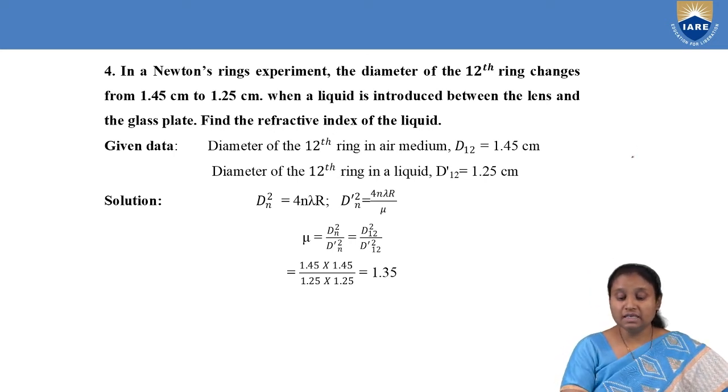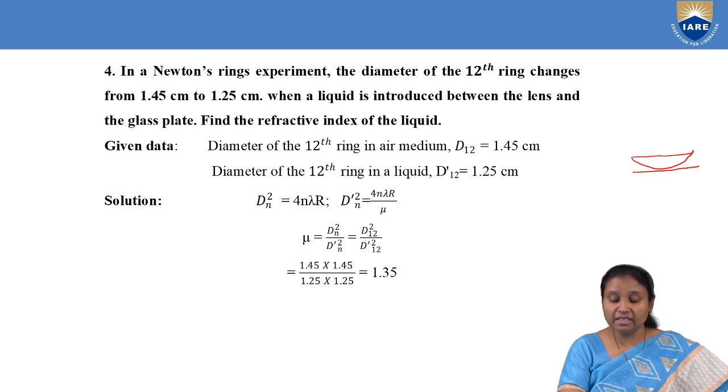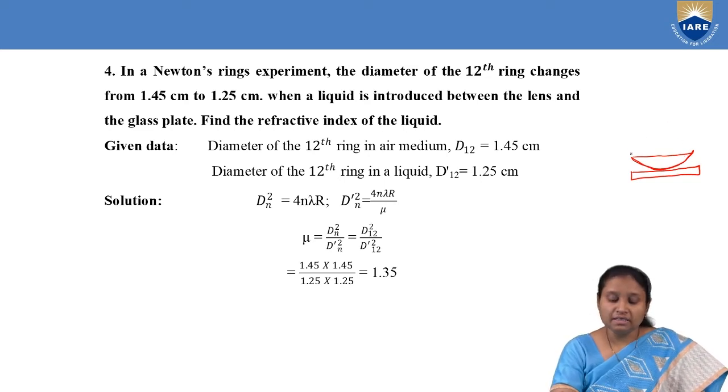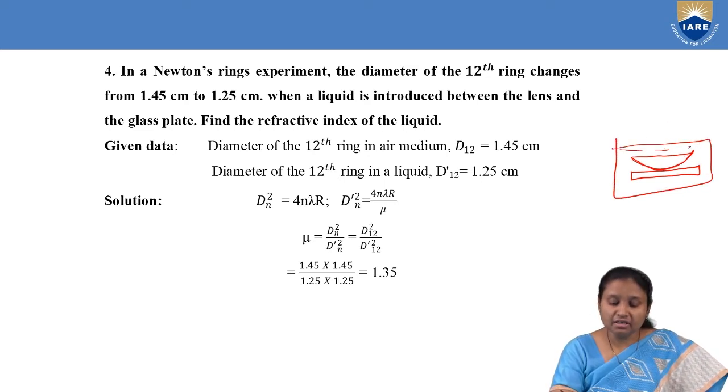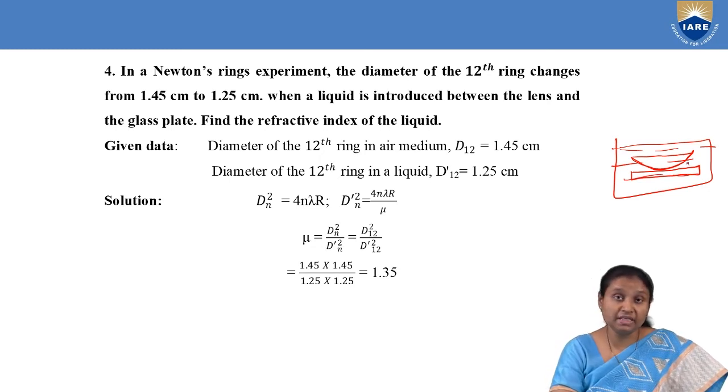Here again our setup is a convex lens placed on a plain glass plate. This convex lens and plain glass plate are completely immersed in a liquid. Then the air film will be replaced by a liquid film.